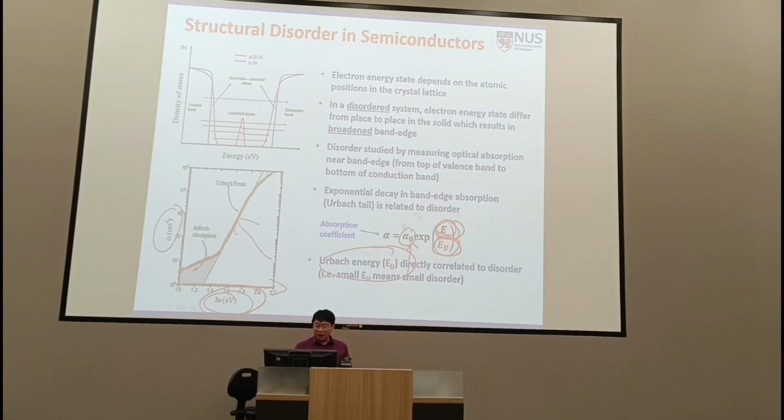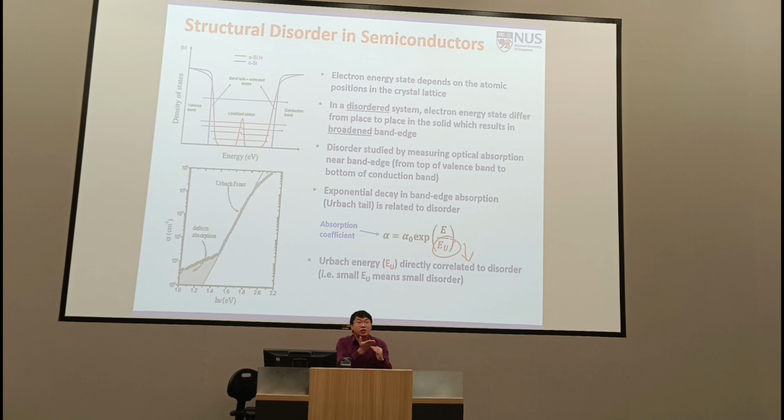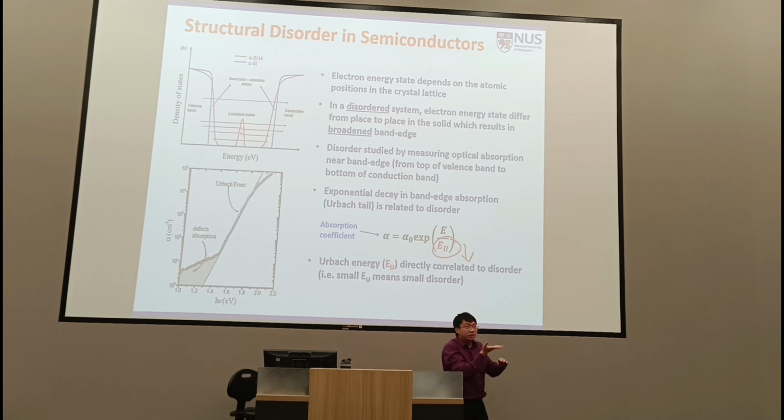Now let's take a few examples, right? If Urbach energy is small, the exponential is huge, correct, since it is in the denominator. If Urbach energy is small, this exponential function is huge.